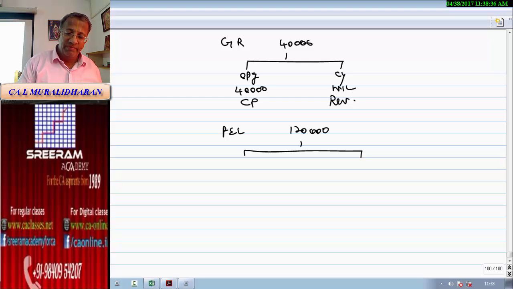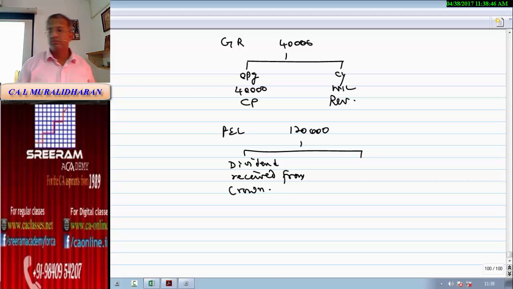Firstly, we will take up dividend received from Crown, because Brown is holding 58 and 1/3% in Crown, and Arun also received, but whose reserves and surplus are taken for analysis? It is only Brown's reserves and surplus we take up for comparison.